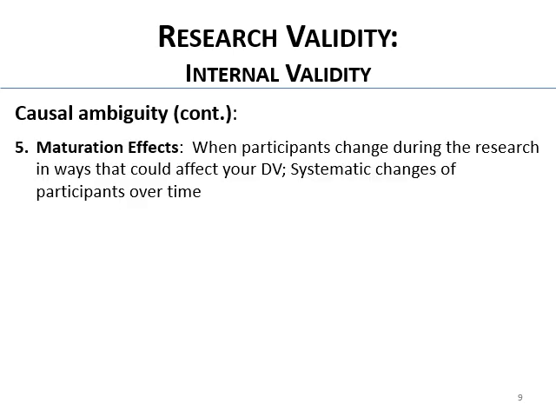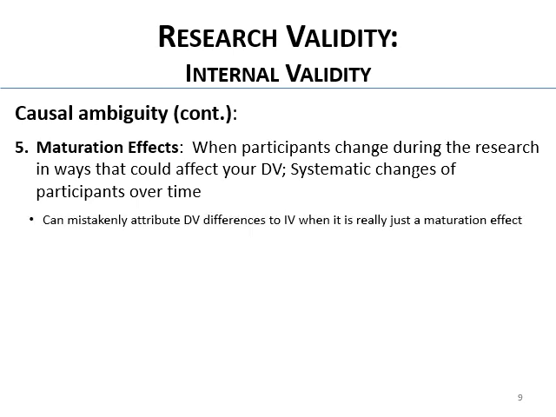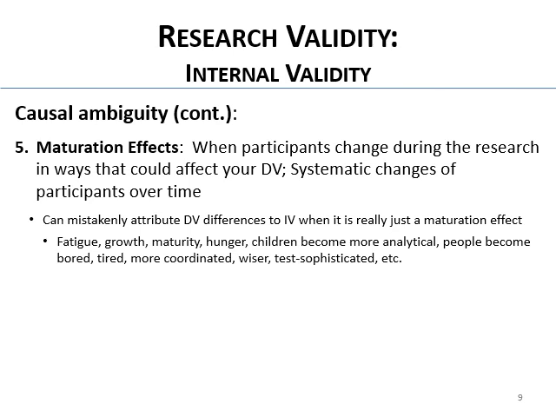Then there are maturation effects. Maturation effects are just all the different things that occur because people change over time. When participants change during the research in ways that can affect your dependent variable, you've got a problem with maturation effects, because they're systematic changes of the participants over time. And so you can mistakenly attribute DV differences that you observe to your independent variable when really it's just a maturation effect.